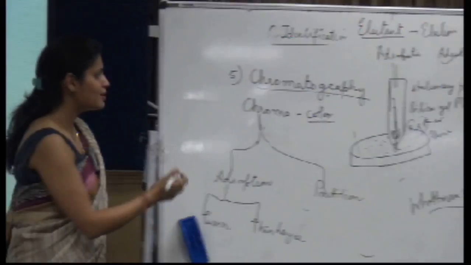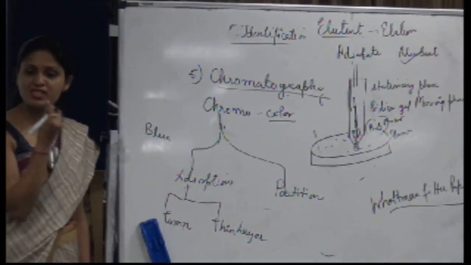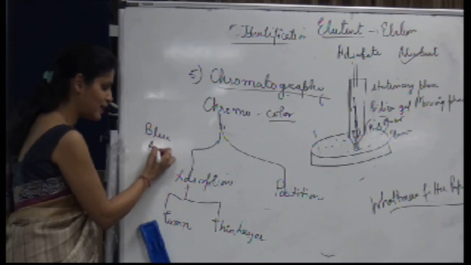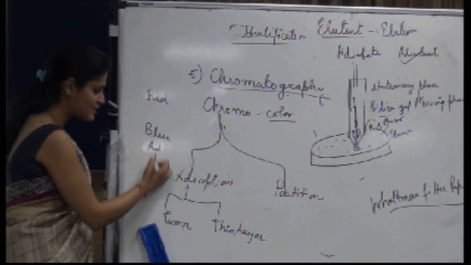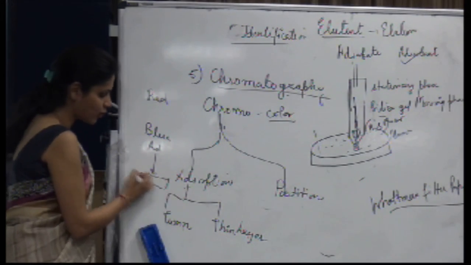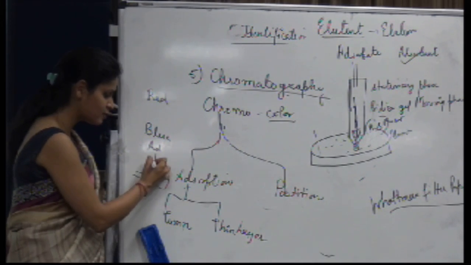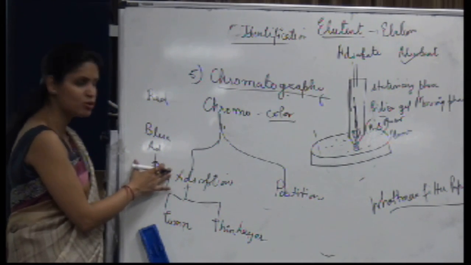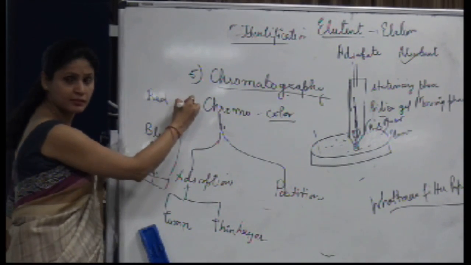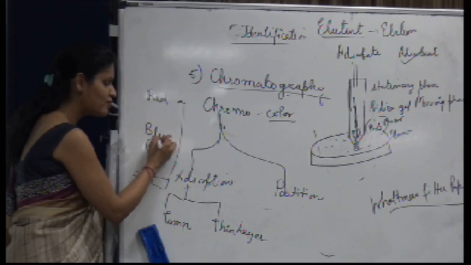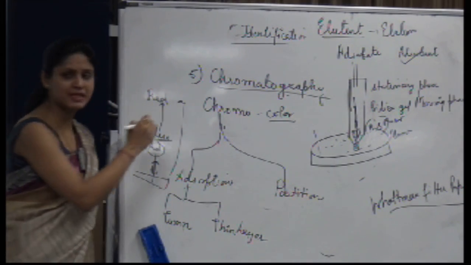That means the blue ink has more affinity, more stability towards the adsorbent as compared to red ink. So if I put the filter paper in the water, then as the water is used as an eluent, the water will travel upside, and why will the blue ink stay here only, and why will the water take the red ink upside?